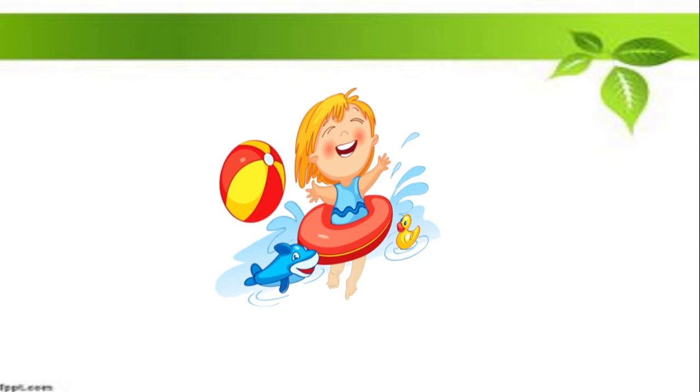Come on dear children, now we will find out the place which is behind, which is in front of this girl. See dear children, this ball and this duck. We will try to see the position of these two. Ball is behind the girl and duck is in front of the girl. Correct?